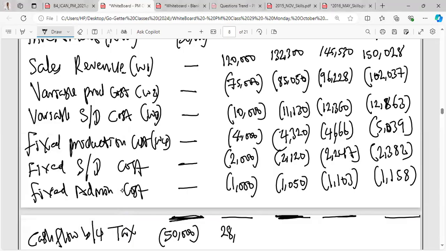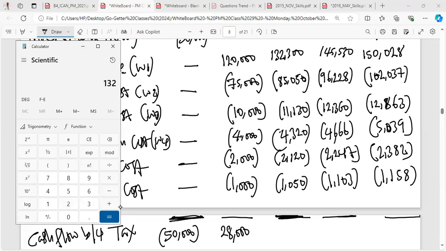The second one will be 132,300 minus 85,050 minus 11,130 minus 4,320 minus 2,120 minus 1,050, which is 28,630.